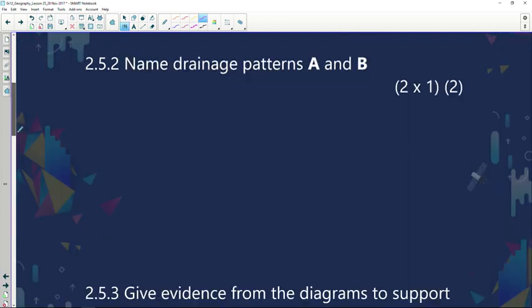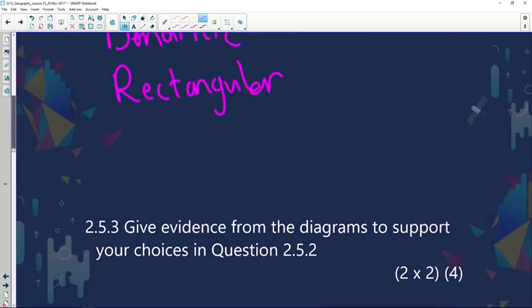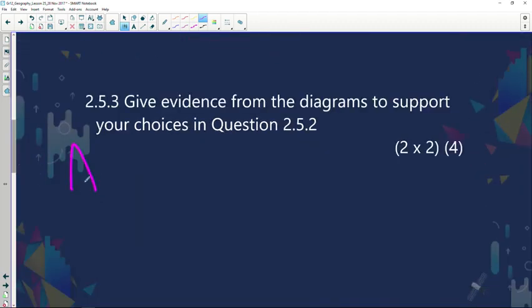Okay, we've mentioned dendritic and rectangular. Give evidence from the graph to support your answer. First of all, the dendritic resembles the branches of a tree.